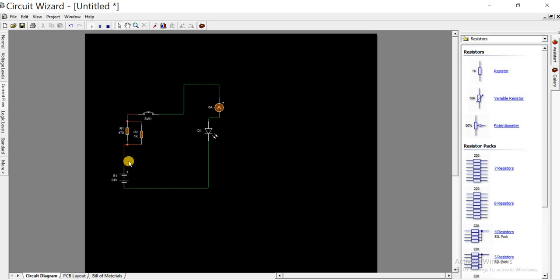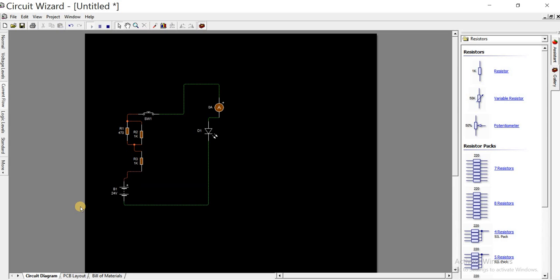If you want to use series plus parallel, just put another series here. Connect this to this, and from here, connect to here. I think I should do it like this.